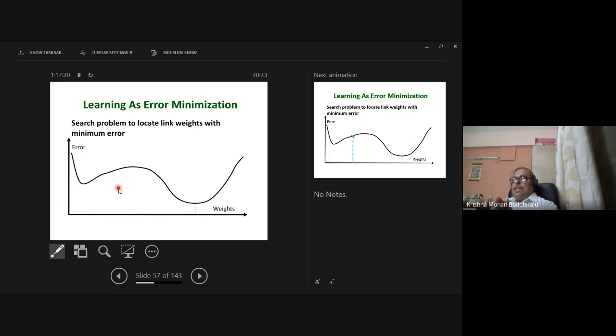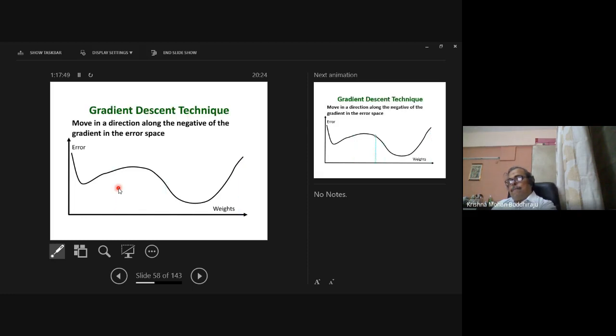Essentially this learning is error minimization. The desired output and computed output, the difference should be minimized. It is minimized when you hit the correct combination of the link weights. The error itself is a function of many variables, as many variables as the number of weights. So you start with randomly assigned weights and then move towards minimizing the error.